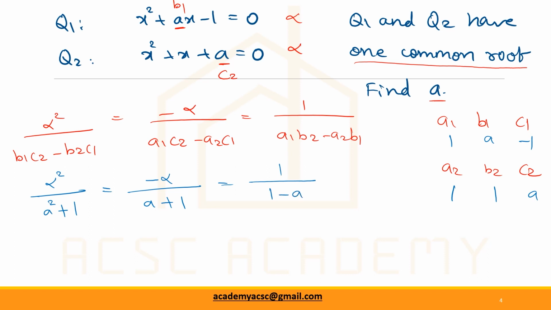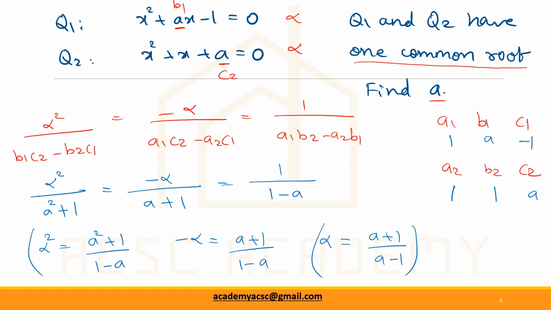So now what we get is alpha squared equals a squared plus 1 upon 1 minus a, and minus alpha equals a plus 1 upon 1 minus a. From this we get alpha equals a plus 1 upon a minus 1.